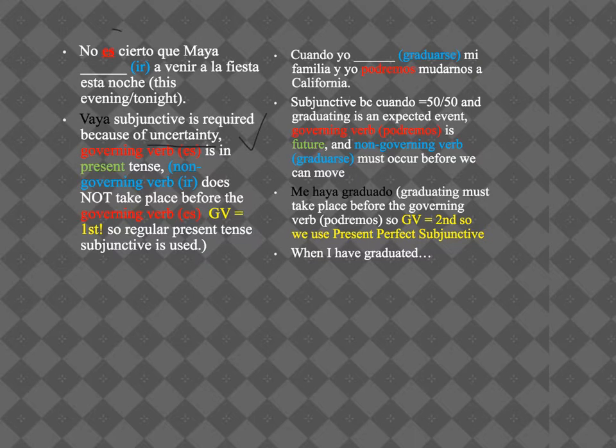Second, my governing verb, es, is in the present tense. So that meets qualification number two. Now I compare. It's not true. That's present tense, so I know it's happening now. So governing verb is happening now. It's not true that Maya's going to come to the party tonight. So non-governing verb, her coming to the party, happens tonight.